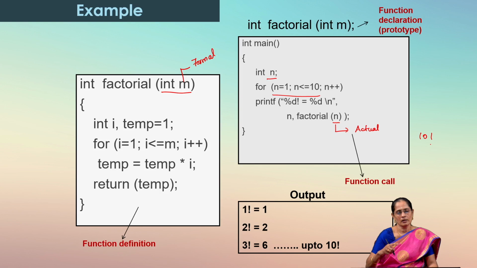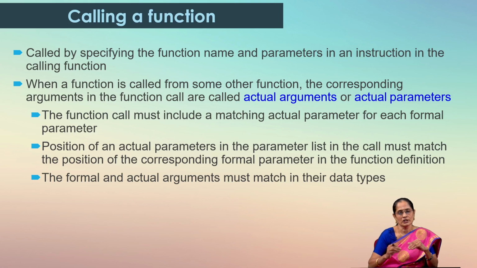So, even if the value is updated, it will not get reflected in the value of n. That is the reason we need to use a return statement for returning the result back to the calling function. Now, we will focus more on calling a function.